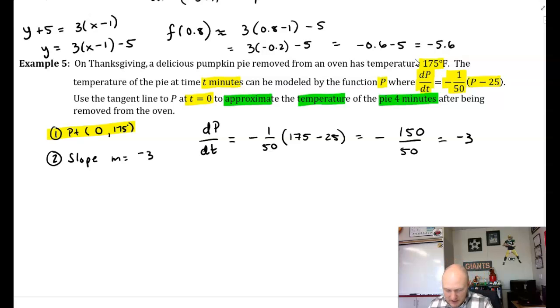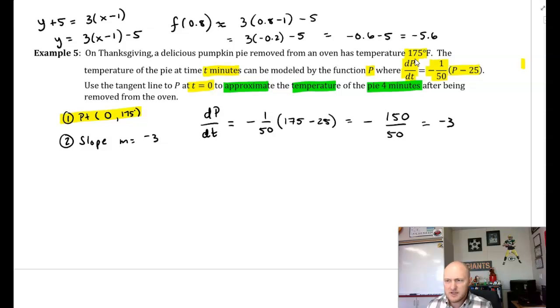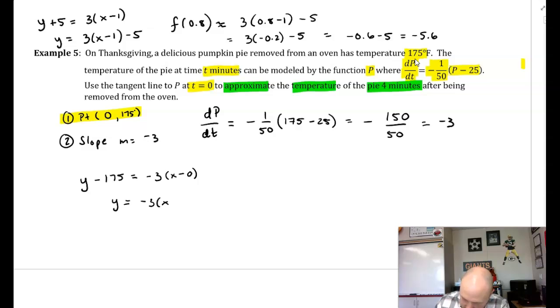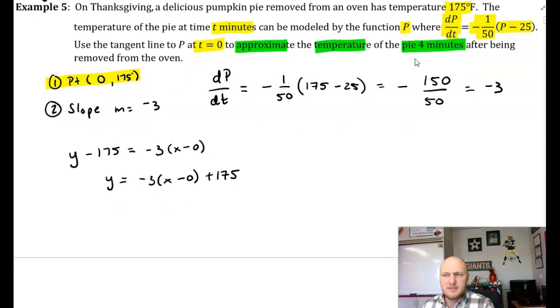That means the temperature is dropping 3 degrees every minute initially. So our tangent line equation: y minus 175 is equal to negative 3 times (t minus 0). And I'm going to keep it in this format, but I'm just going to move that 175 over to the other side so I can easily approximate.